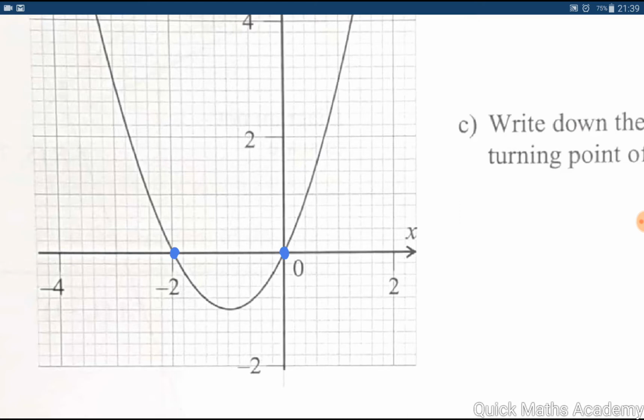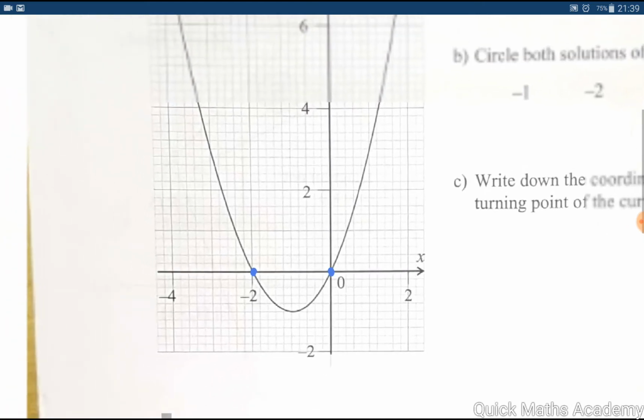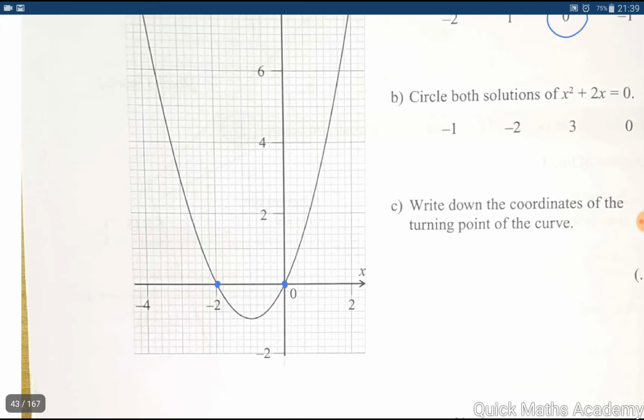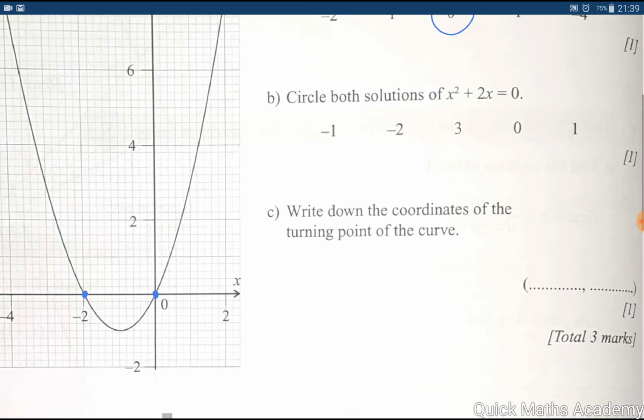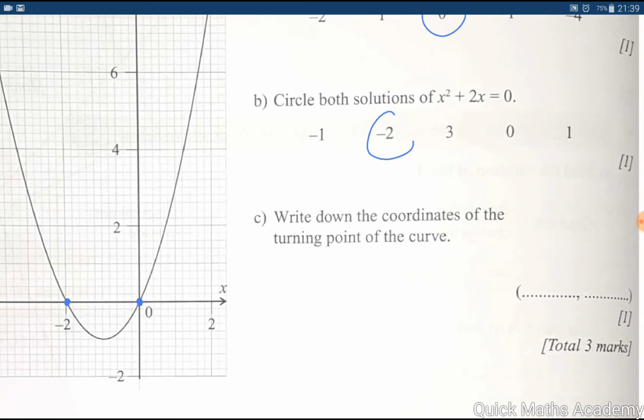Because the zeros are the points where I cross the x-axis, not the y-axis anymore. Now I'm talking about the x-axis. So the points that I cross my x-axis are -2 and 0. You can see the parabola is coming down, crosses the x-axis, goes up again, crosses the x-axis again, and goes up. So we have that the solutions are -2 and 0.